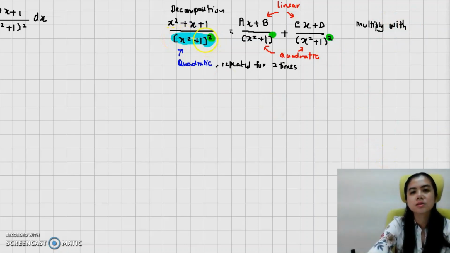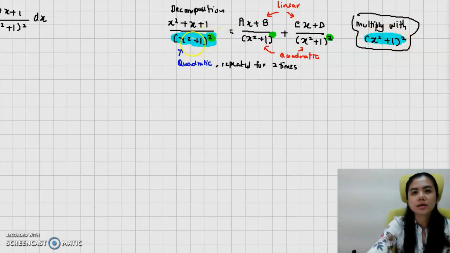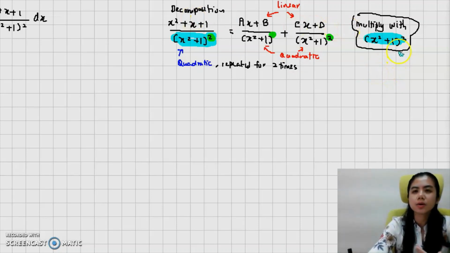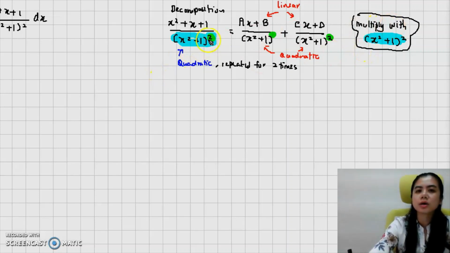Whatever is at the left, that denominator will become your factor, that is this one. So multiply all of them with this x squared plus 1 squared. You multiply this fraction at the left hand side, this fraction, you multiply this and this. Basically, they are cancelling each other. So when they cancel each other, what will remain at the left hand side will be the top, so we will have x squared plus x plus 1.